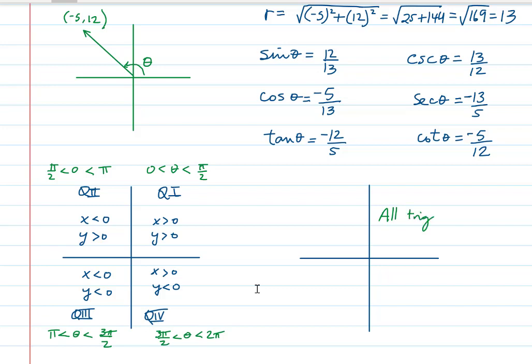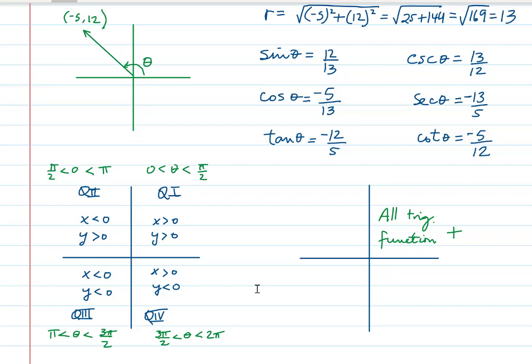All trig functions are positive. They're either going to be positive or negative, so I'm just going to put the positives here, so that you assume there are only 6 trig functions. So if they're not in here, they're not positive, then they'll be negative.